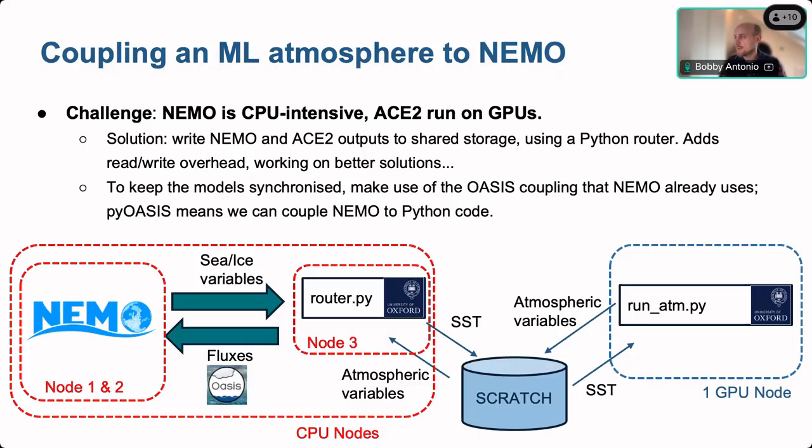It's not actually the dominant overhead, but it's a little bit annoying, so it's something we'll look to improve in the future with a nicer solution. But luckily, Oasis has a Python wrapper, so we can use that already. That means NEMO communicates using Oasis and waits for responses, so everything's nicely synchronized.